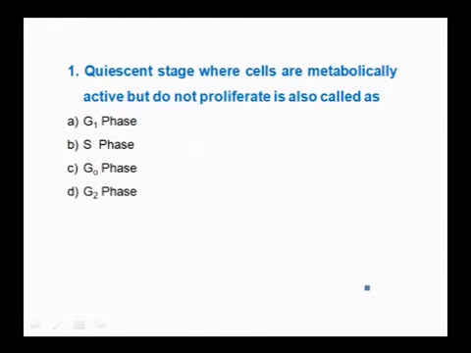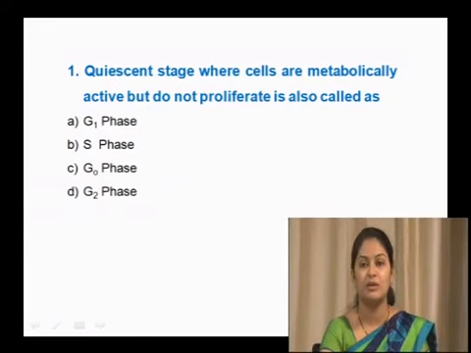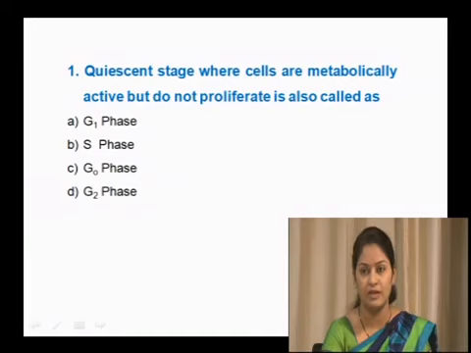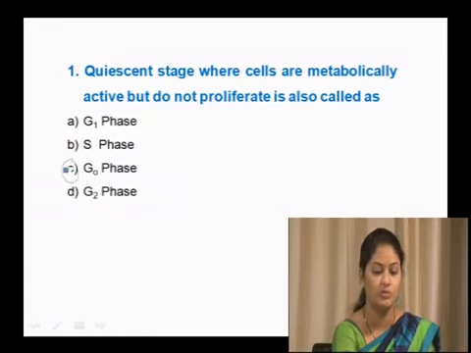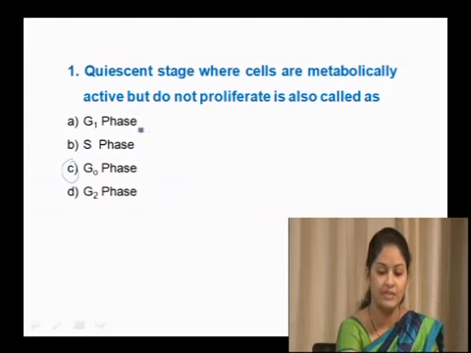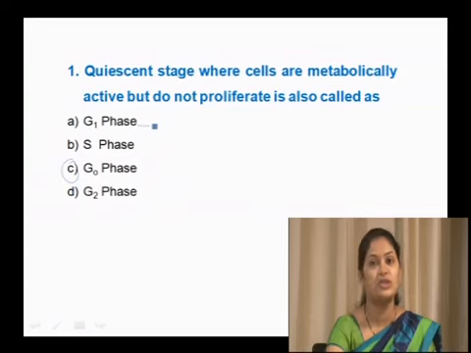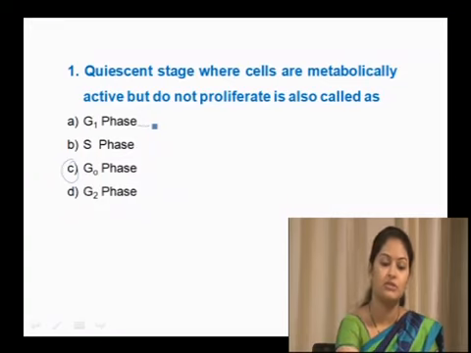Moving on to questions. The first one: quiescent stage where cells are metabolically active but do not proliferate is also called as, meaning the same, quiescent stage where the cells are metabolically active but they do not multiply or do not divide. So, it is indicating that the cells are active but they are not dividing. So, the answer for this is, as mentioned before, option C, because in G1 phase there will be preparation for mitotic division, all the proteins for DNA synthesis as well as cell division will be formed during G1 phase.